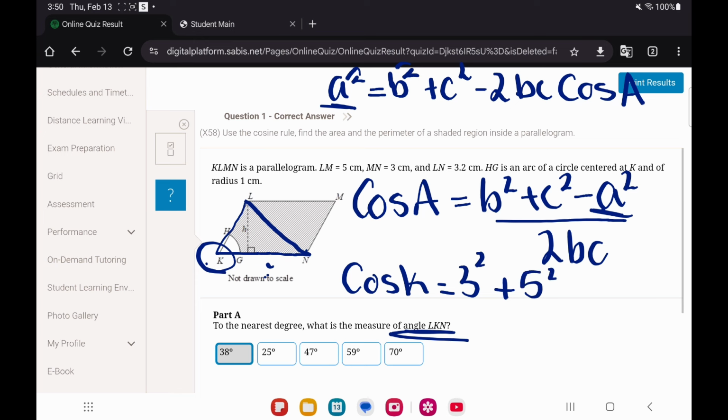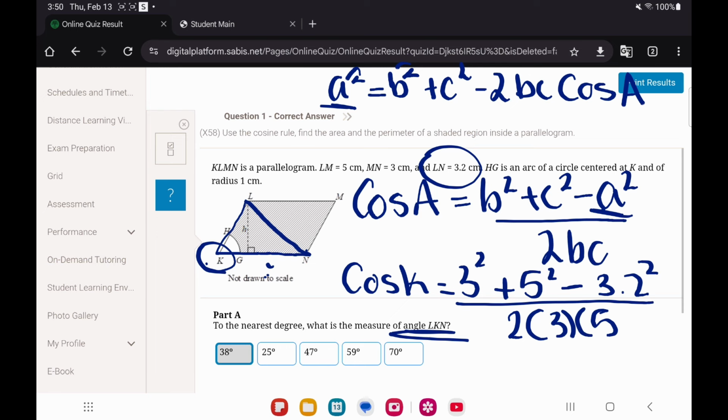So 5 squared minus, we need the opposite of K, so LN. LN, they give you, it's 3.2. So minus 3.2 squared over 2 times 3 times 5. Let's do it on our calculator. Plus 5 squared minus 3.2 squared over 2, 3, 5.